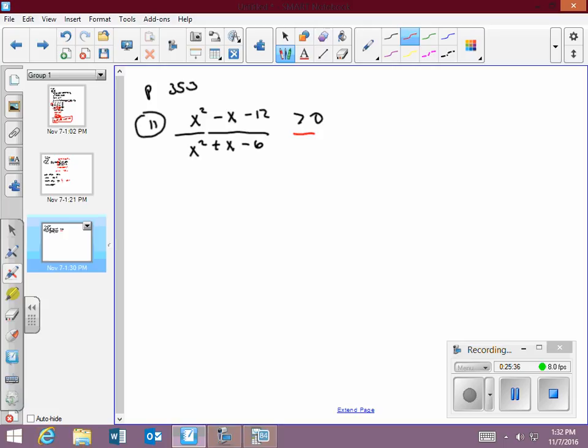And what would be another reason that the critical values could not be in a solution? If they make the denominator what? 0. So if the critical values involve factors of the denominator, then they cannot be in the solution. Does that make sense? Because if you put them in, it's going to make the denominator 0.